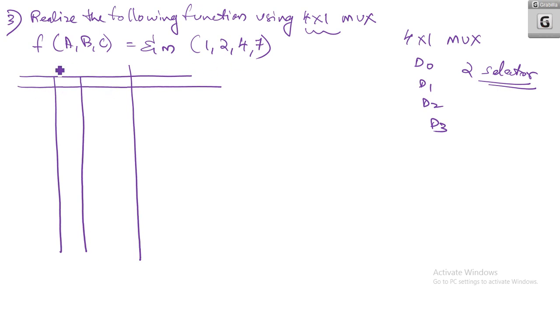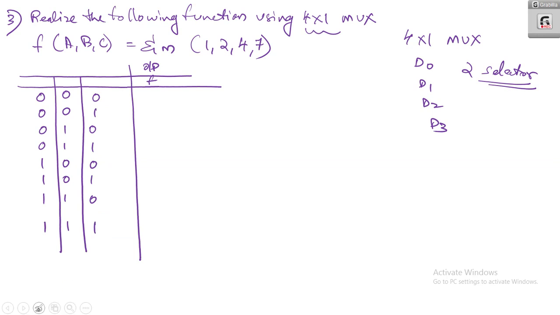So this is input and this is output. Output I am writing as F. So I am having 0, 0, 0, 0, 1, 1, 1, 1. So this is 0, 0, 1, 1, 0, 0, 1, 1, 0, 1, 0, 1, 0, 1, 0, 1.